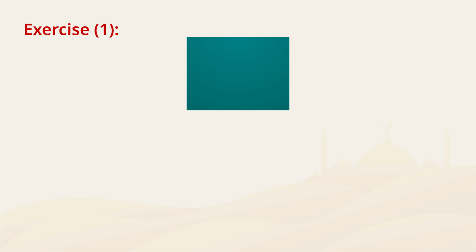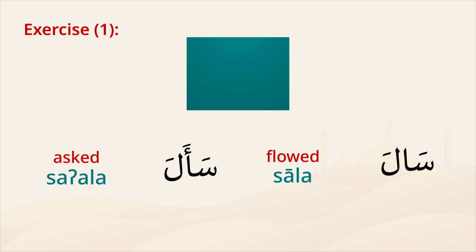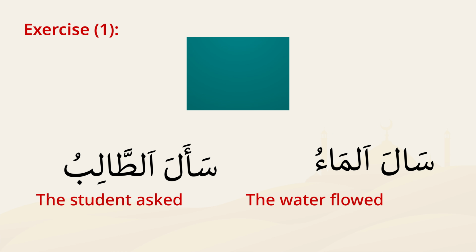Do you remember exercise 1 in the previous lesson? Sala and sa'ala. Let's add a word that begins with the definite article al after each one. In the first sentence, there is an alif here, a hamza at the beginning of the second word, and an extended alif at the end. When we read it in context, the hamza at the beginning of the second word becomes silent because it occurs in the middle of the sentence.